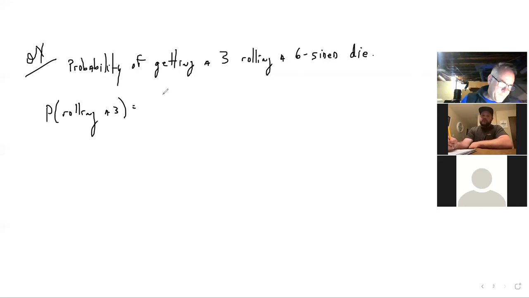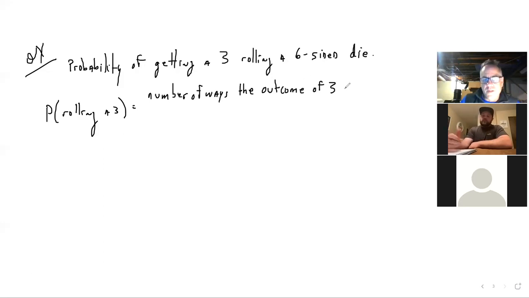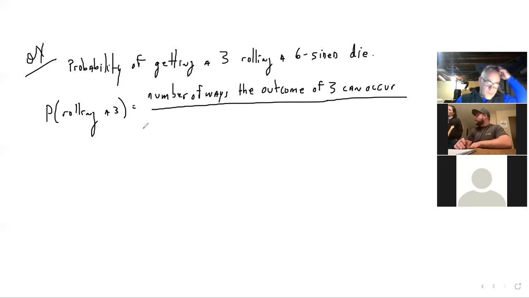So, writing it down in words, the number of ways the outcome of 3 can occur, which again we know is going to be 1, and the total number of possible outcomes.